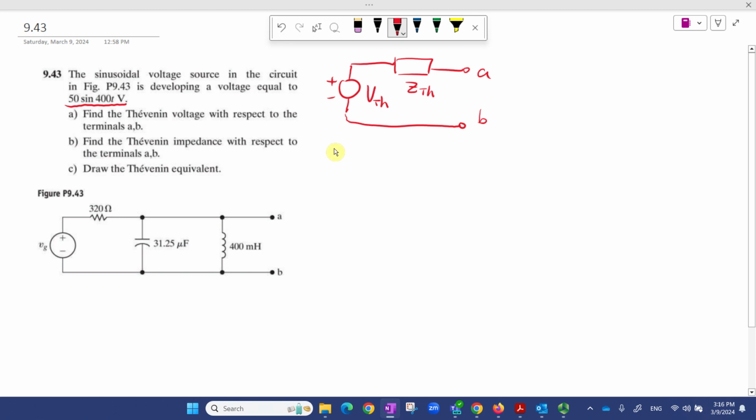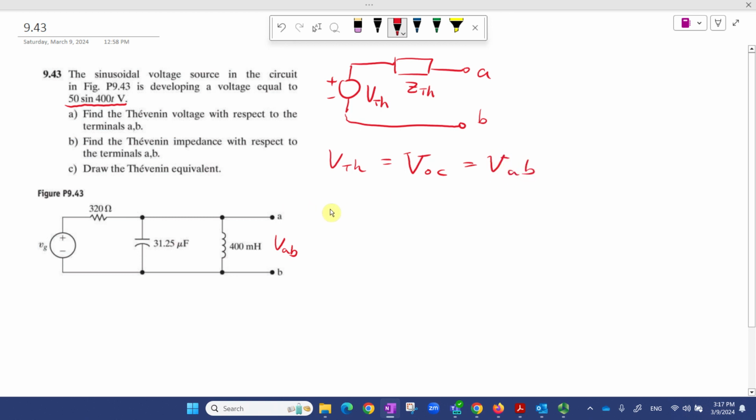The VTH can be found when the circuit is open, so it's an open circuit. It just equals VAB for this particular example.